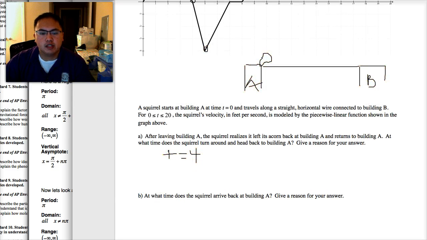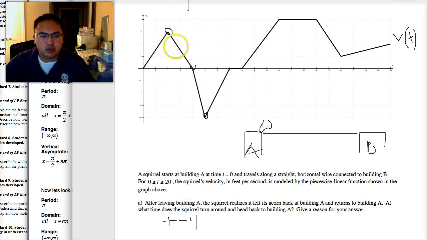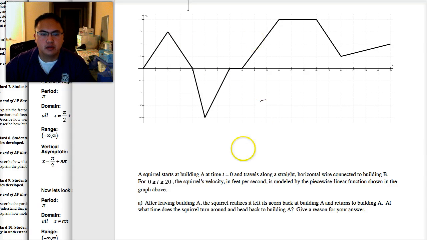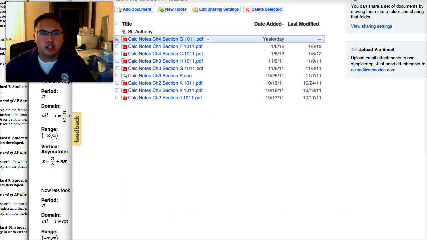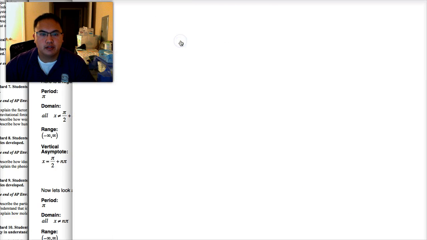Okay, moving on. It says, what time does the squirrel arrive back at building A? So if you understand that he was going in one direction, and then he, give me 1 second. Let me reopen it.